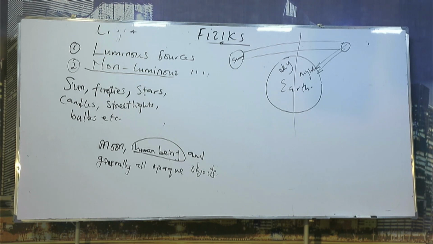Please, translucent object, luminous or non-luminous? Now, when you talk about whether an object is luminous or non-luminous, it is not really about their transmissibility of light. Non-luminous means that it does not emit its own light. We are not referring to whether it allows light to pass through it or not. So when you talk about translucent, what is translucent?